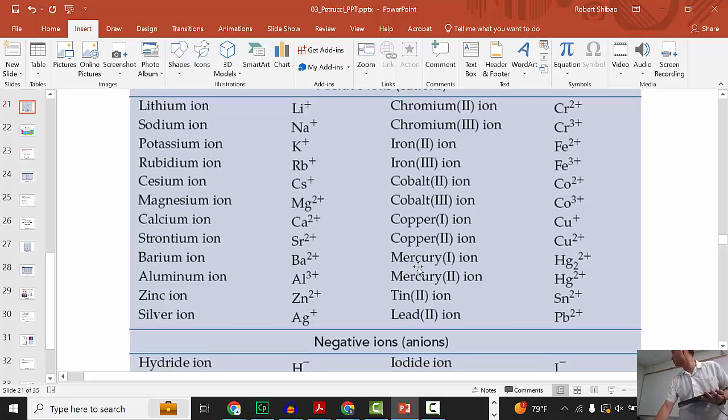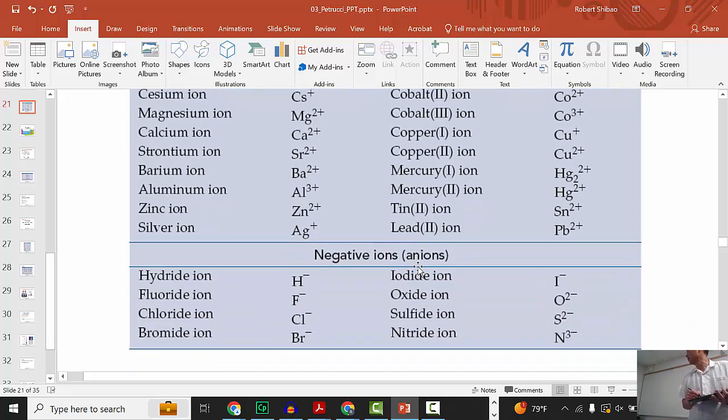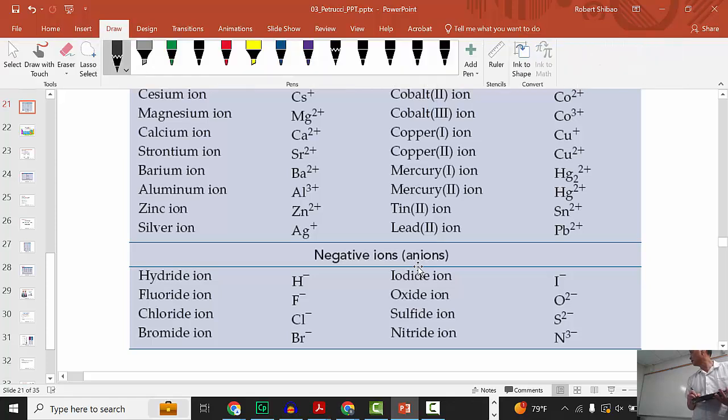You can tell because they're using a Roman numeral there, but another common tin ion is tin Roman numeral 4, or the tin 4 ion. This is going to be Sn4+. And then lead is also group 4. And so the other common lead ion is lead 4, which would be Pb4+.